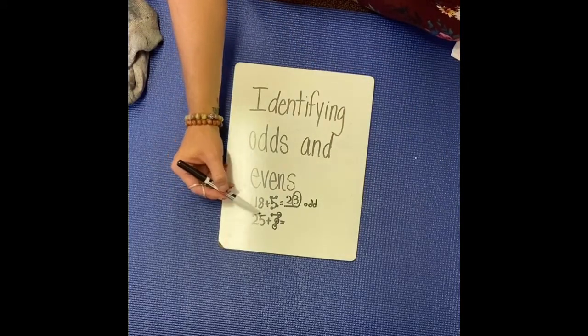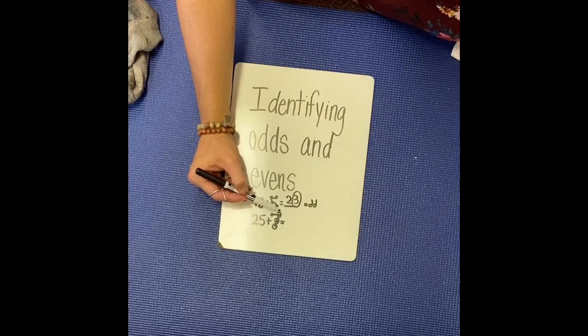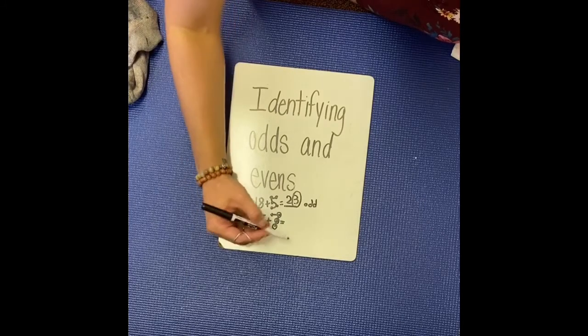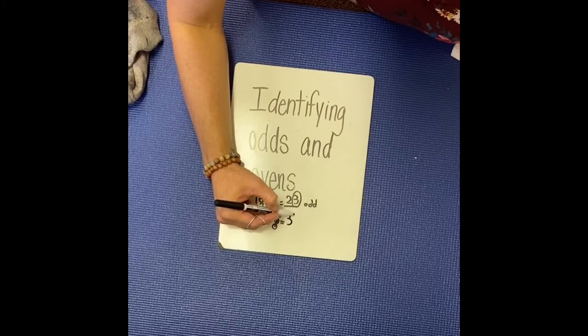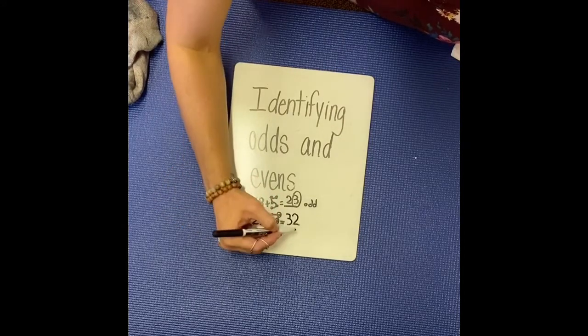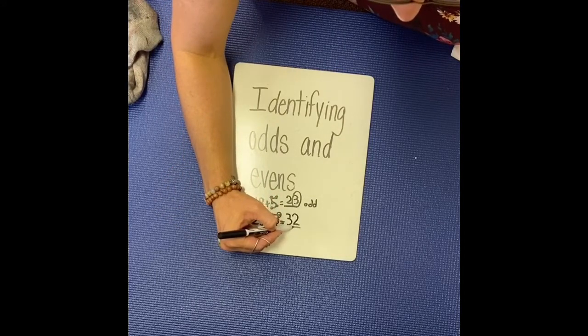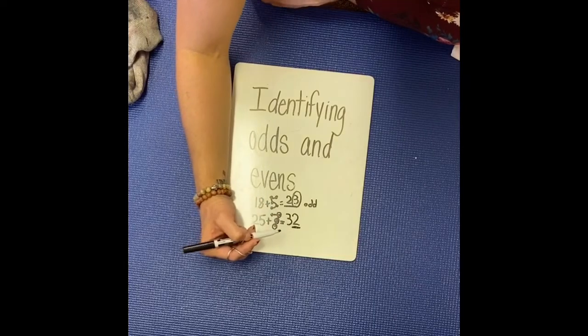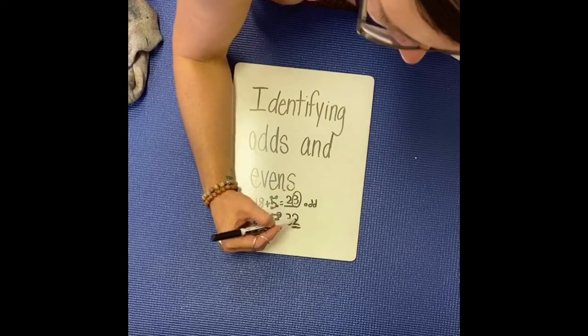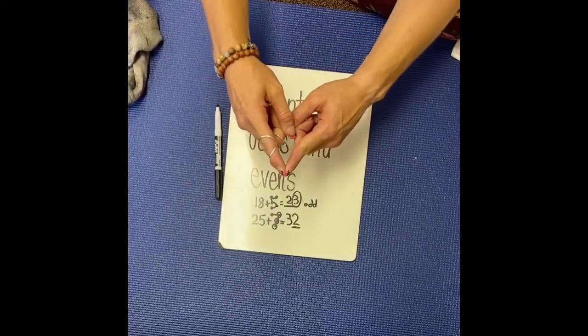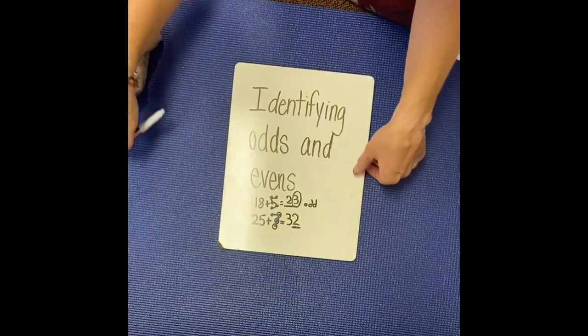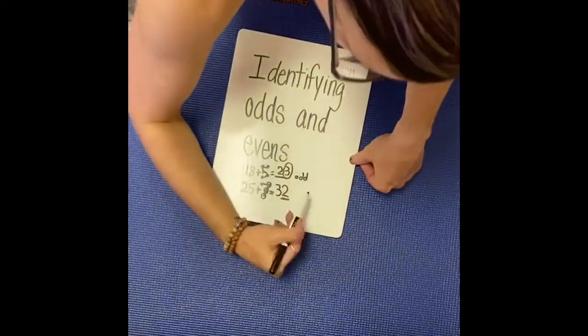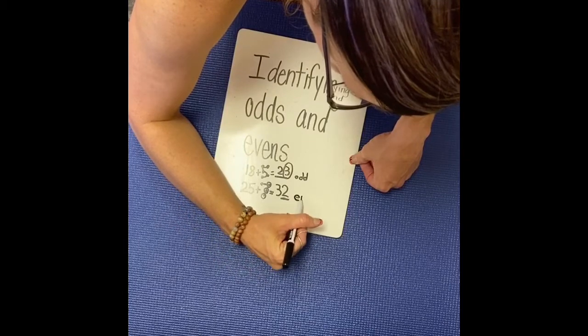But 25, 26, this is a double tap, 27, 28, 29, 30, 31, 32. So my answer is 32. And I'm going to look at the 2 in the ones place. And I know that 2 is even. So the answer to my sum here is also even.